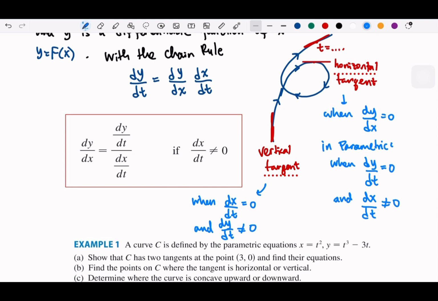So we could determine the slope of the tangent, especially which part is horizontal and which part is vertical tangent.